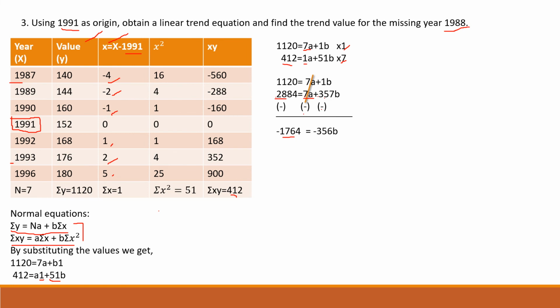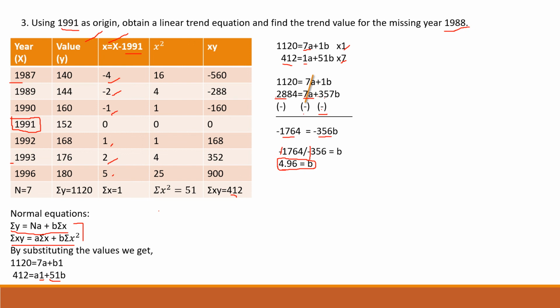Next, 1b minus 357b equals minus 356b. Therefore, b equals minus 1764 divided by minus 356. The minus signs cancel, and 1764 divided by 356 equals 4.96, the value of b.